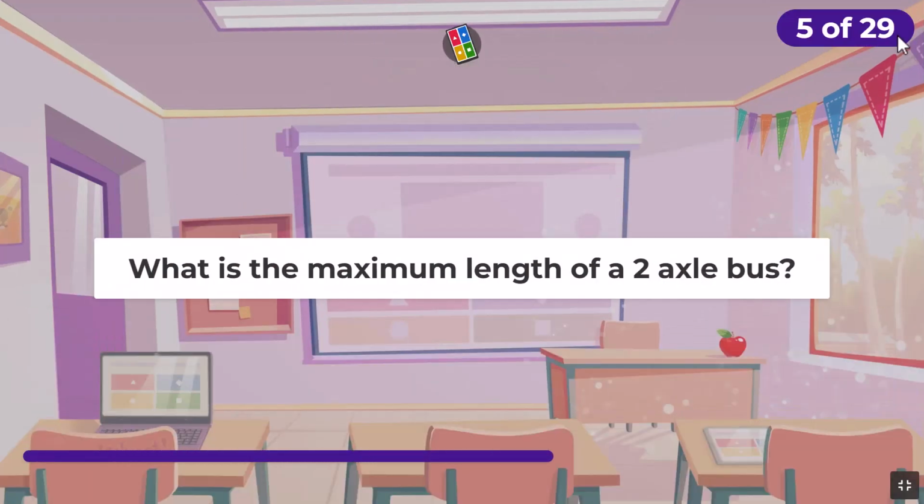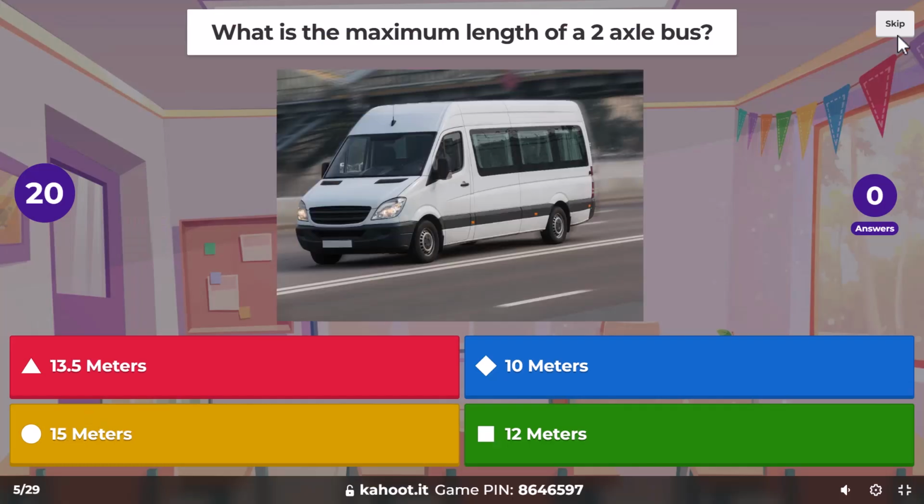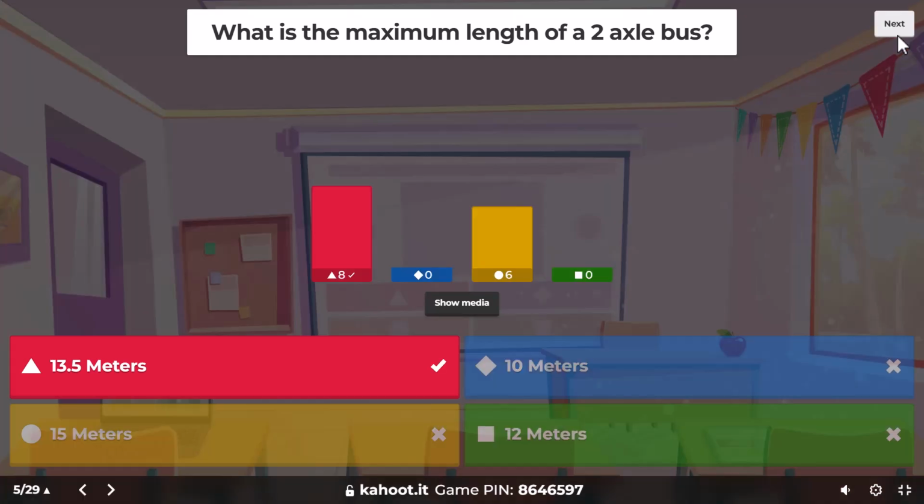What is the maximum length of a 2-axle bus? Okay, that's something you're just going to need to learn.